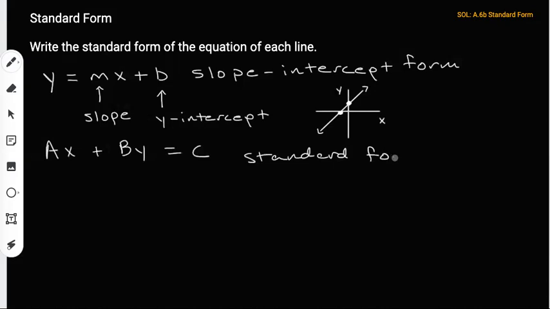X and y are on the same side, and a, b, and c are going to be whole numbers, also known as integers.